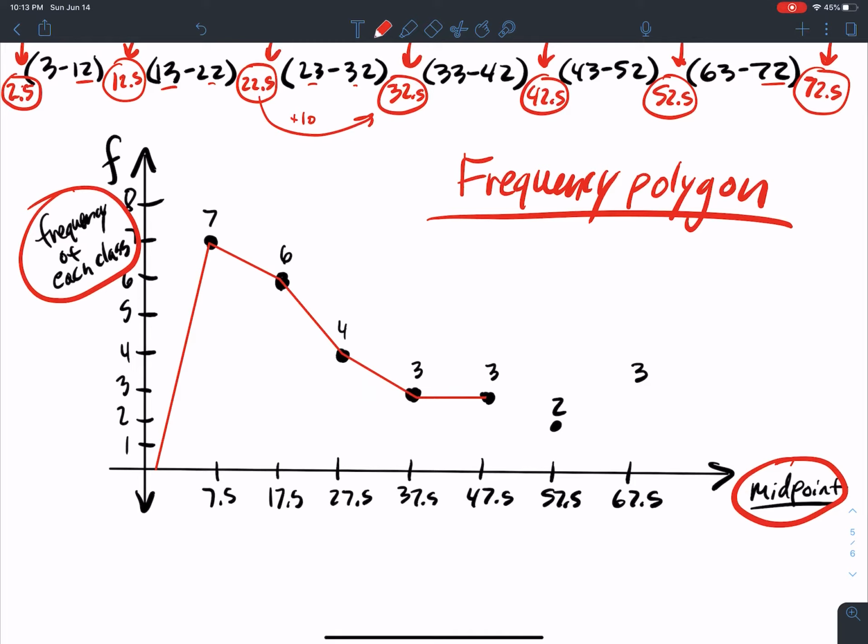So we're literally connecting the dots here, and then we go back down to 0. We start at a frequency of 0 and we end at a frequency of 0, and so we make a polygon just like that. The emphasis here is that there's continuous change going on with those frequencies. So it starts on the horizontal axis and it finishes on the horizontal axis.